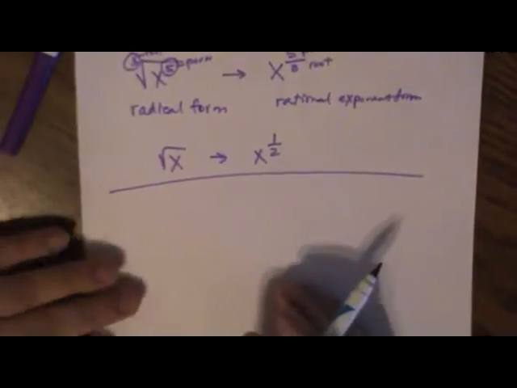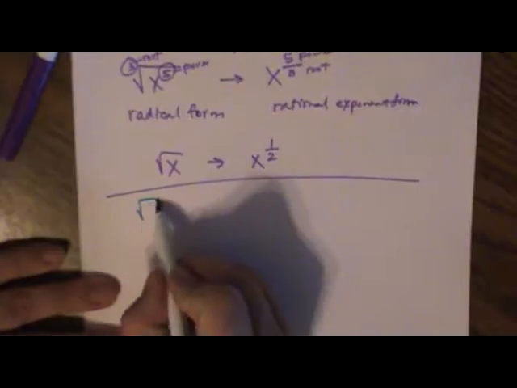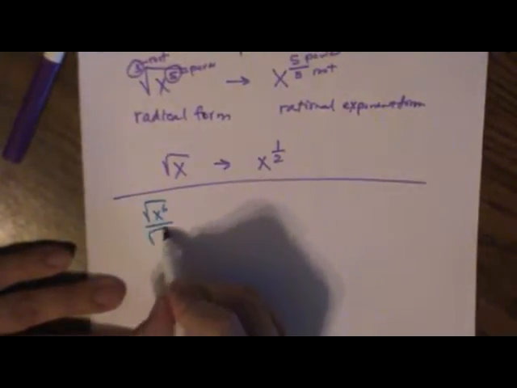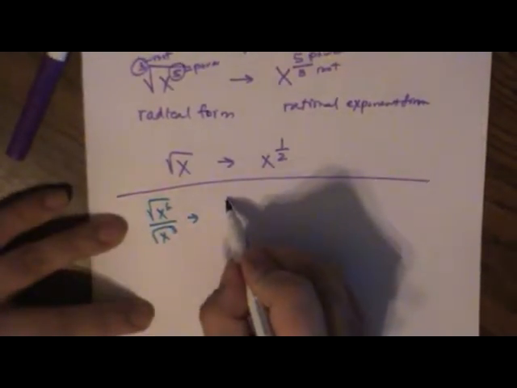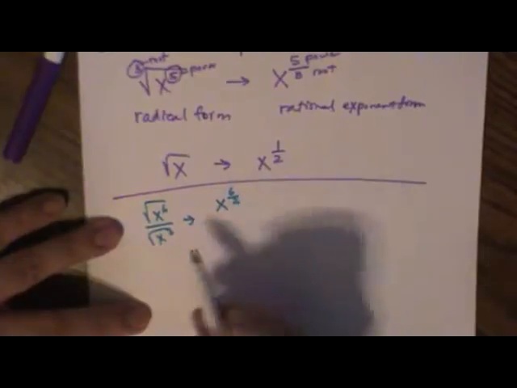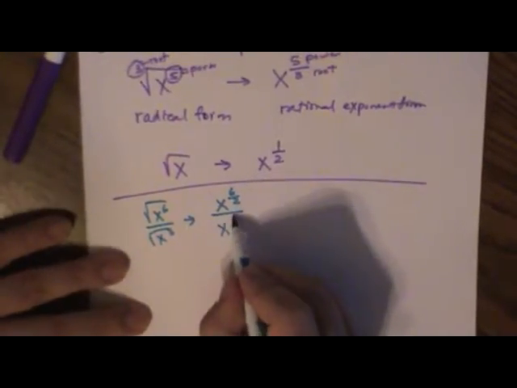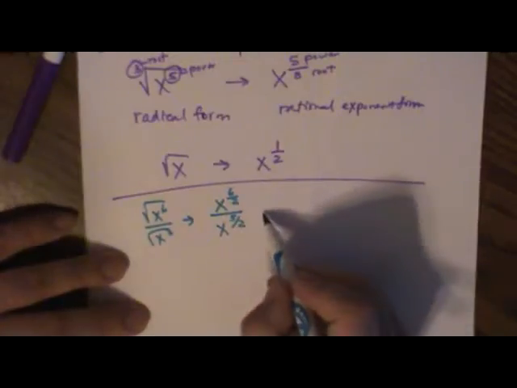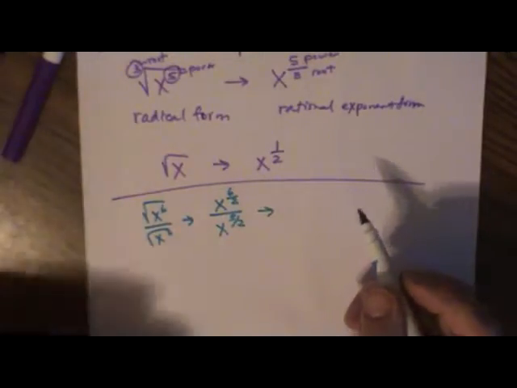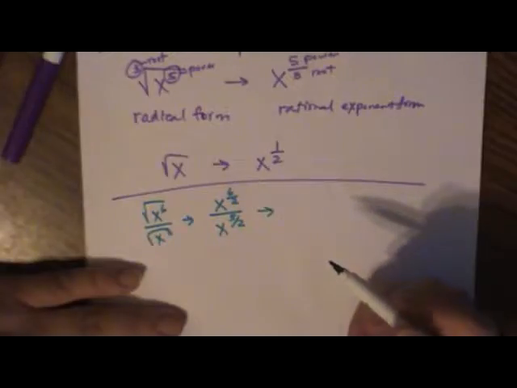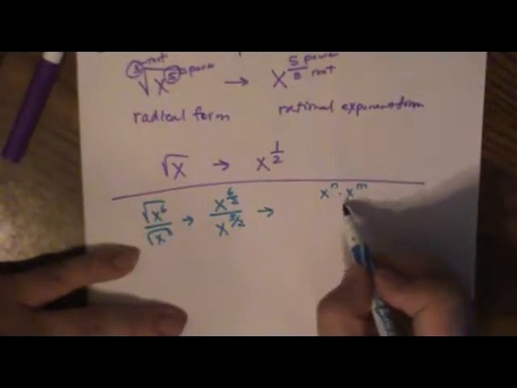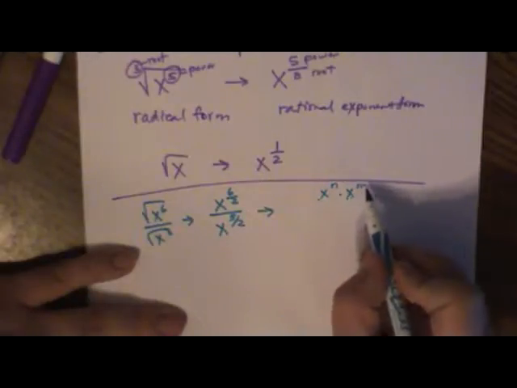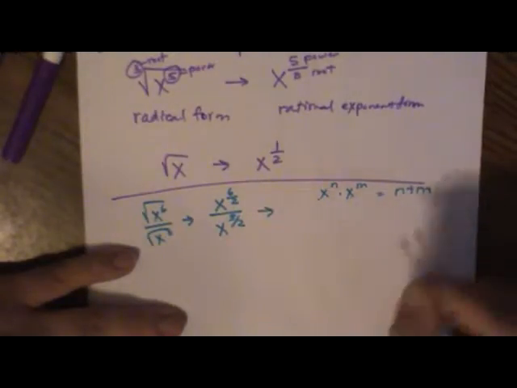Let's try some problems. We have the square root of x to the 6th over the square root of x to the 3rd. We're going to rewrite them in rational exponent form, which is power over root. A quick review of the properties of exponents: if you have the same base and they're multiplying, you add the exponents.